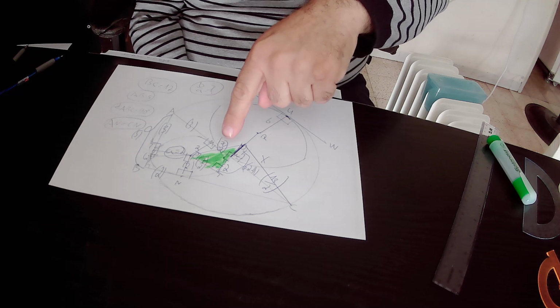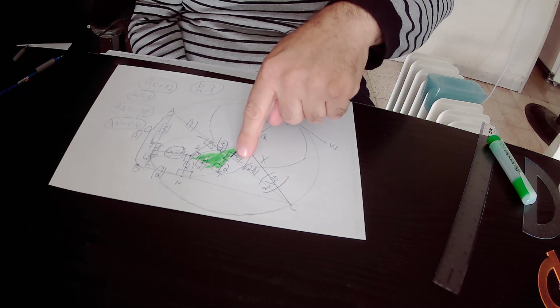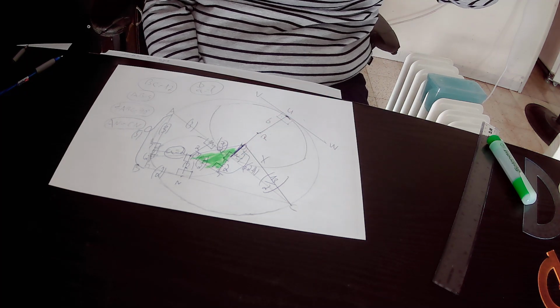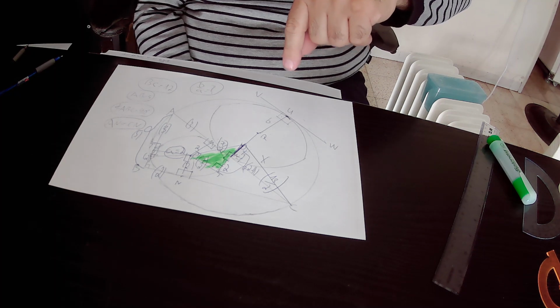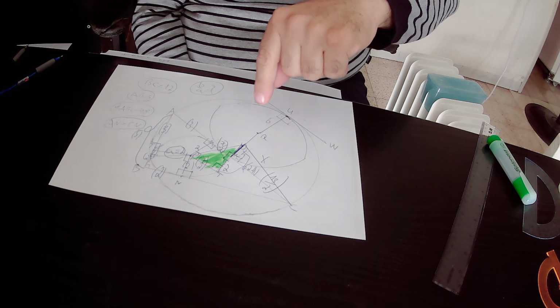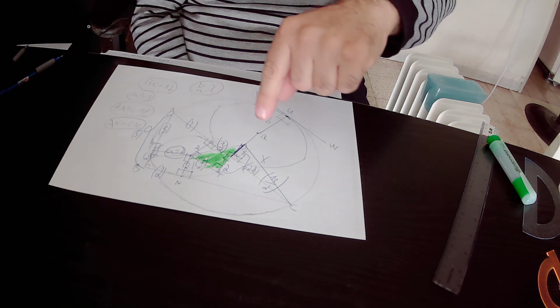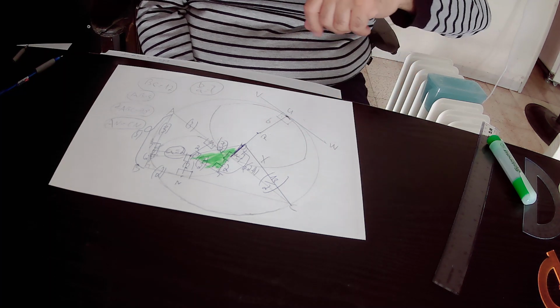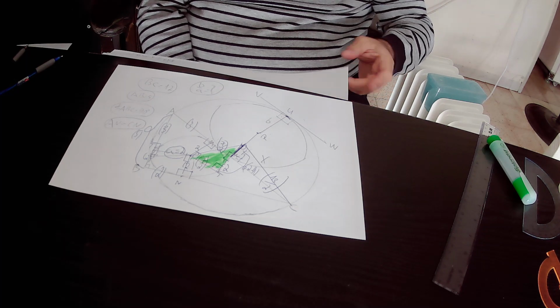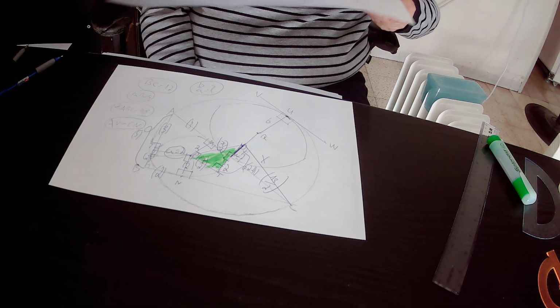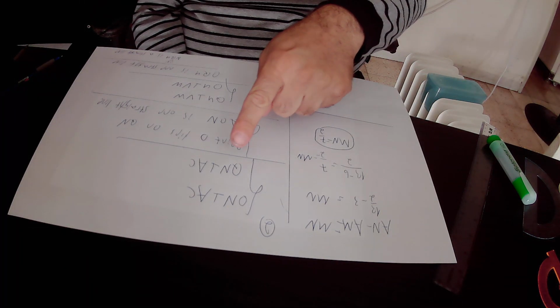That is to say, this angle equals 90 degrees and this angle equals 90 degrees according to rule number 7. In conclusion, we can write down that ON is perpendicular to AC.